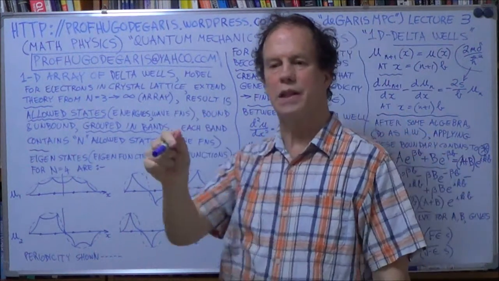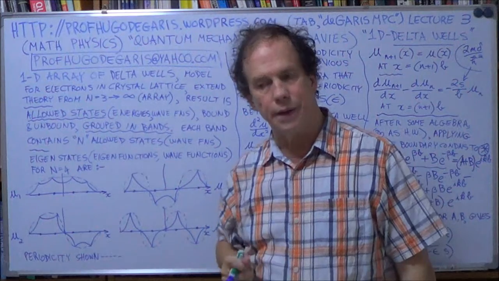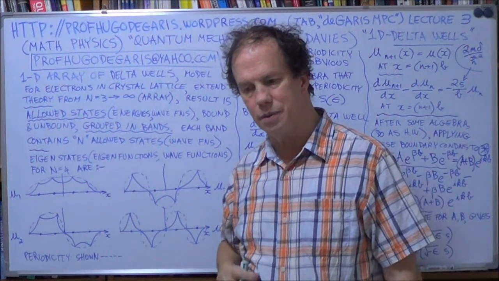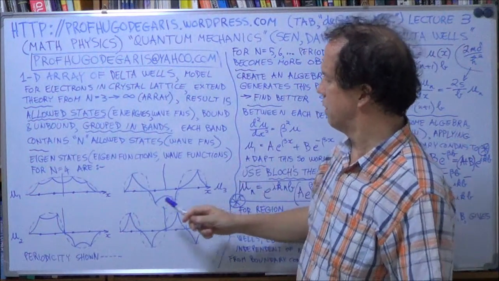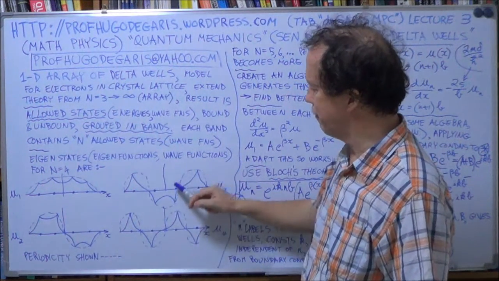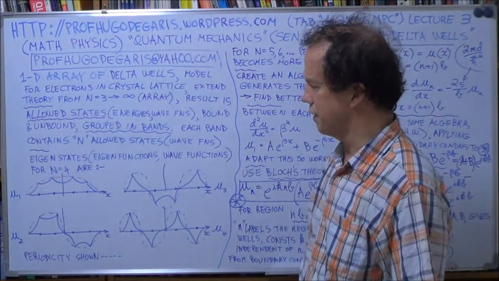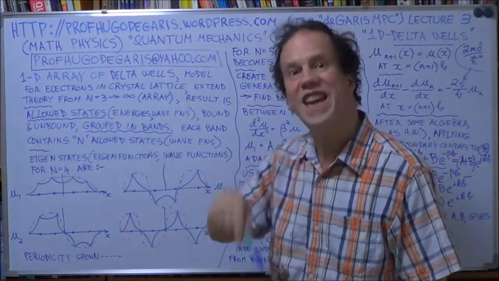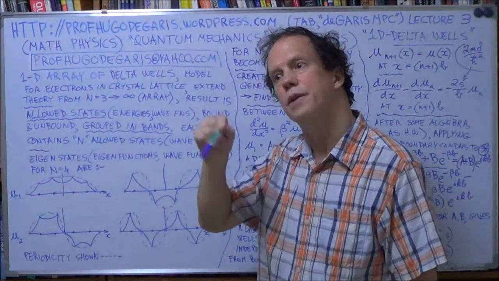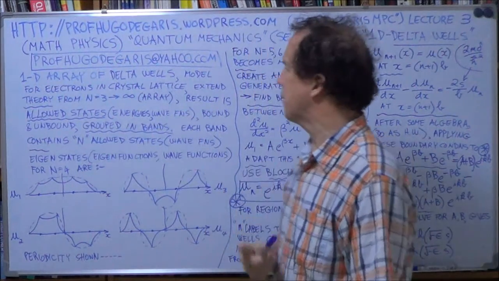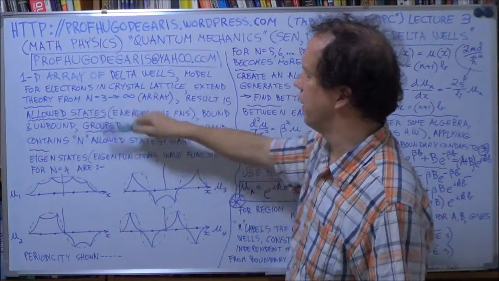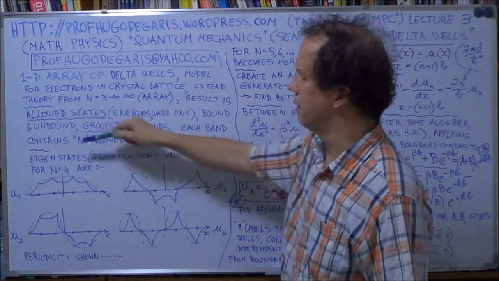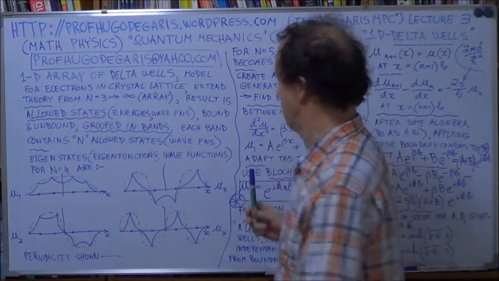It explicitly puts this periodicity into the algebra that describes the wave functions that are solutions to your n delta well problem.